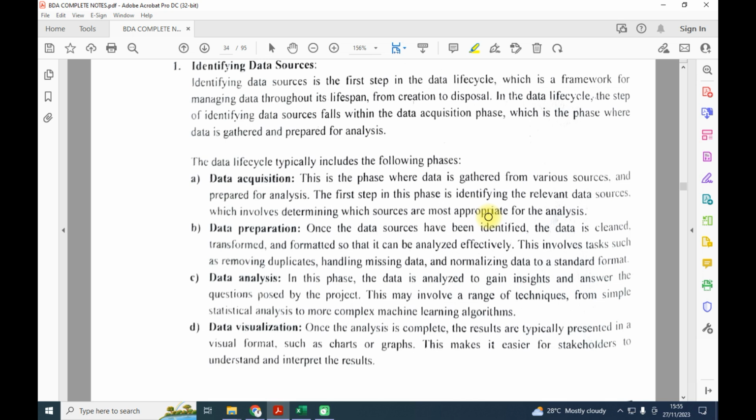So after we have acquired our data, the next thing is we prepare the data. Remember the preparation phase that we had? When you talk about data preparation, we are eliminating the duplicates, making sure the data is clean and accurate. Once the data source has been identified, the data is cleaned.